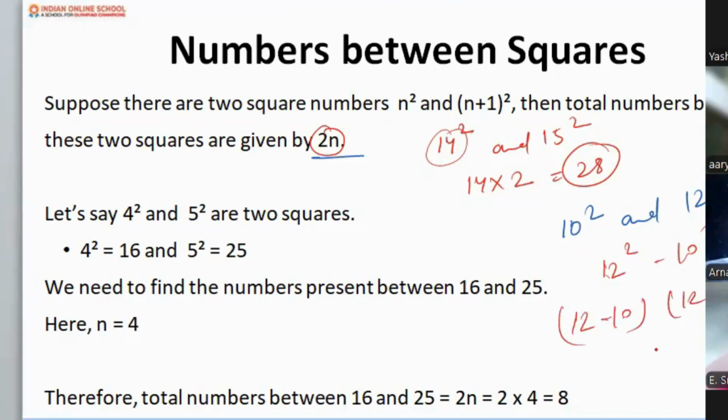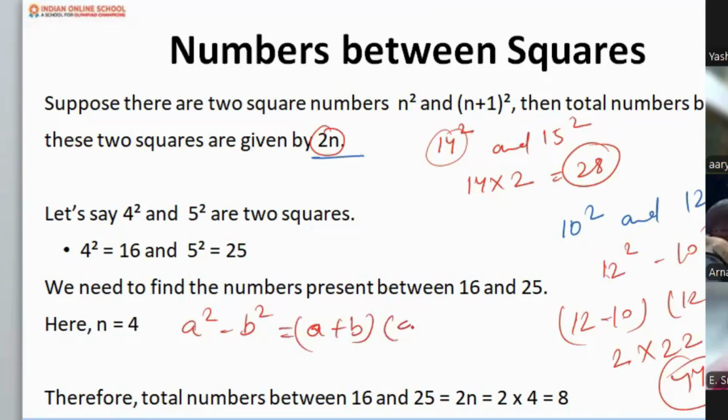A minus b gives us 2, a plus b gives us 22. The answer needs to be 44. Got it? We are using the identity a square minus b square equals a plus b times a minus b. This will work for non-consecutive numbers.